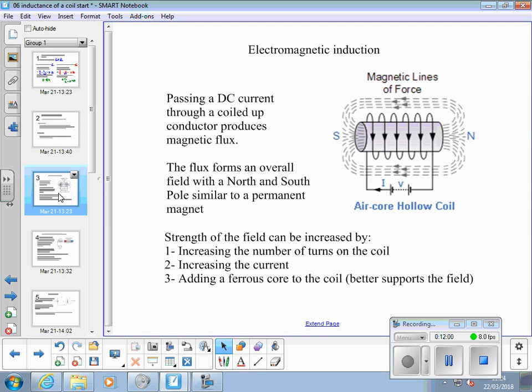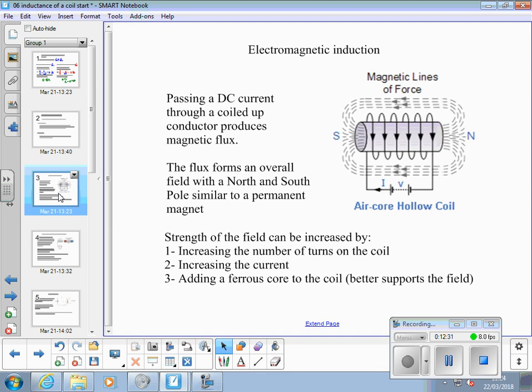The strength of this field that we get in this electromagnet can be increased by putting more turns on the coil, increasing the current, and adding a ferrous core, an iron core, so we support the field better, because that will exist much stronger in a piece of iron or other magnetic material than it will in air.